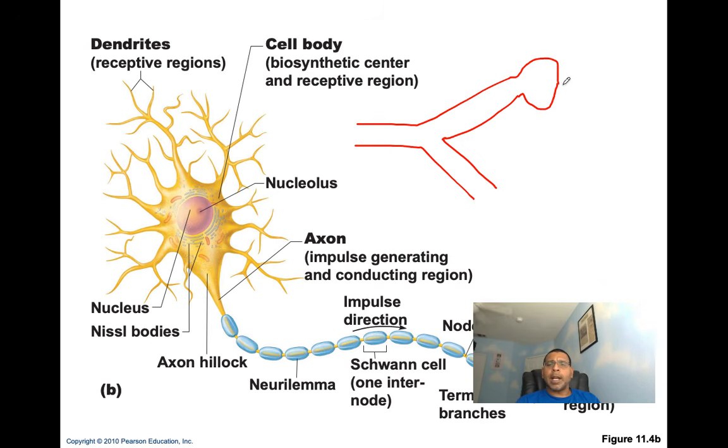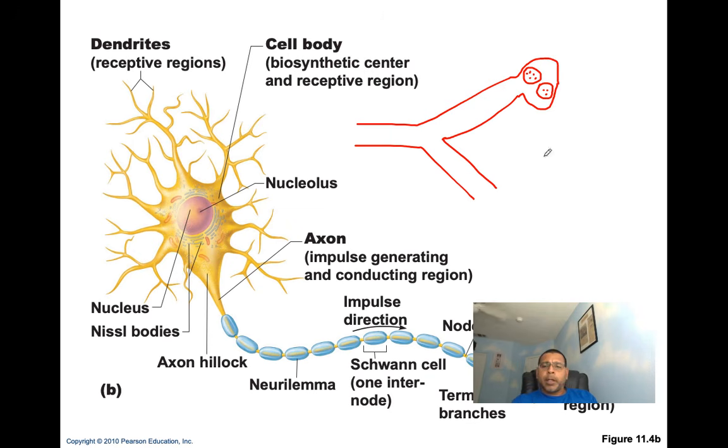Kind of enlarges out like that. And inside of here, we're going to have vesicles. And these vesicles are filled with neurotransmitter, right? We saw if we're talking skeletal muscle, that neurotransmitter was acetylcholine. So it depends on where you're at, what you're talking about.